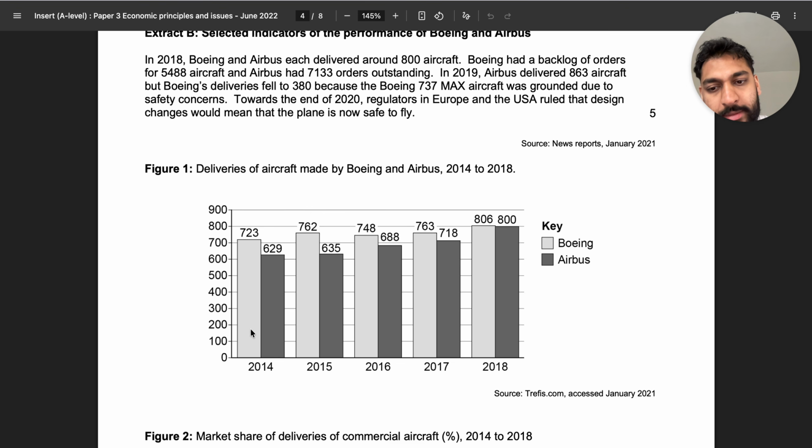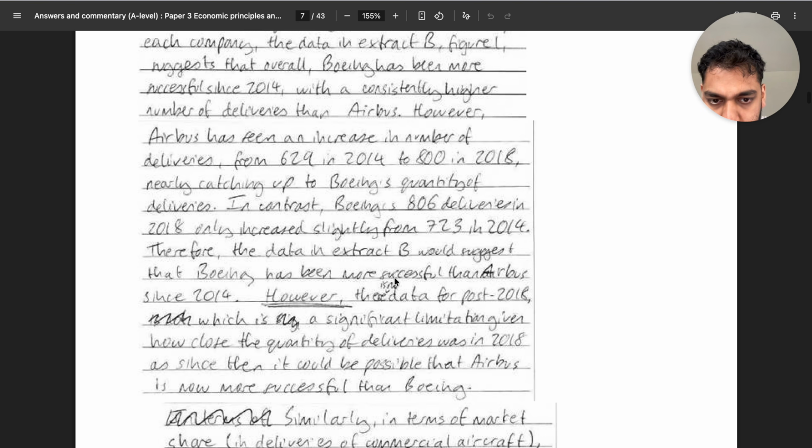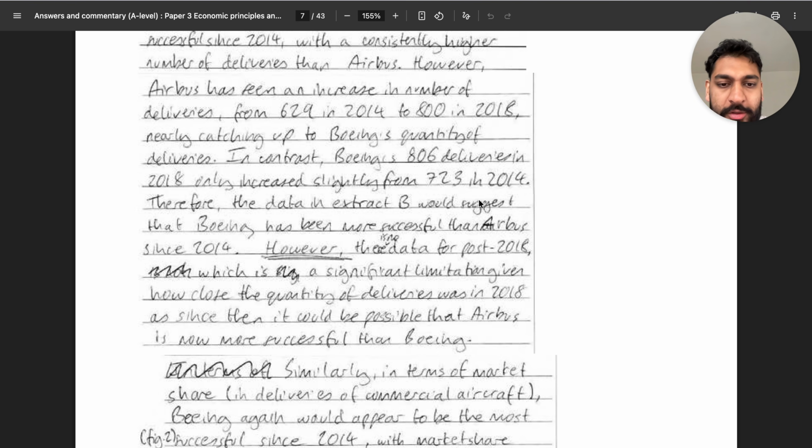They also made, and then do the maths, 94 more deliveries in 2014. Therefore, the data in extract B would suggest, and this person didn't do the maths, and that's completely fine as well. It's just an easy way to show you understand and are analyzing the data in the right way. That's it. That's all we need for our paragraph.